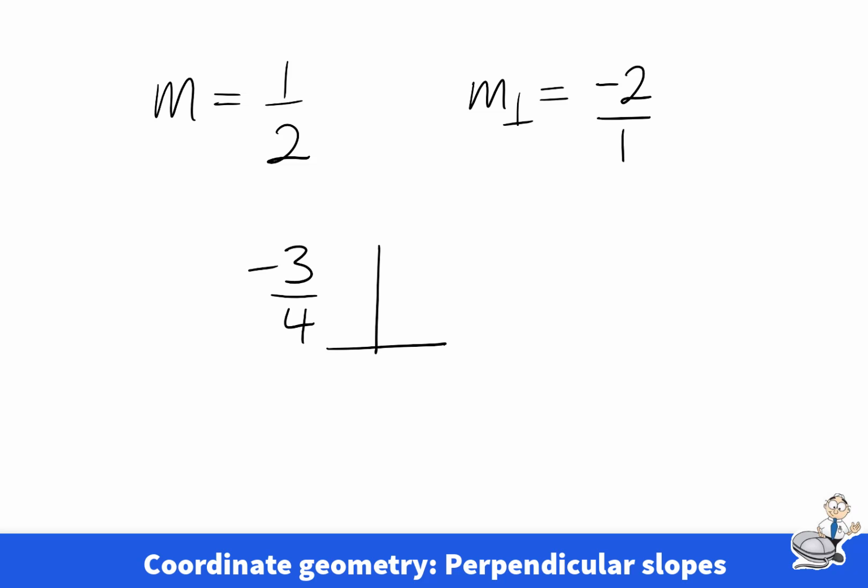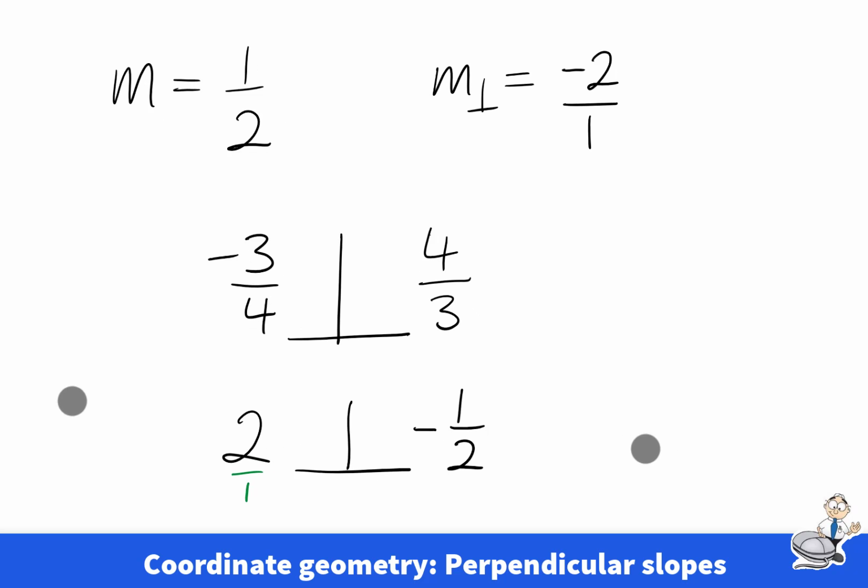What's the perpendicular slope to negative 3/4? 4 over 3. Perfect. Positive 4 over 3. Brilliant. I'm going to try one more. I have a slope of 2, and I want to know what the perpendicular slope to that is. Negative 1 over 2 is correct, because I imagine that 2 is 2 over 1.